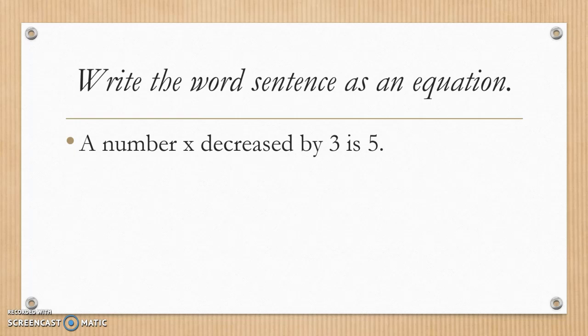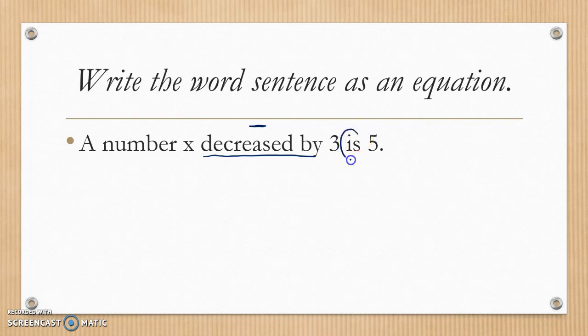So when we are translating these, we need to find the word or the phrase first that tells us the operation that's happening in this problem. For this one, it is decreased by, and that means subtraction. So underline the word or the phrase and then write the symbol above that word or phrase so we don't forget as we're translating. Then our next step is to find the word or phrase that means equals.